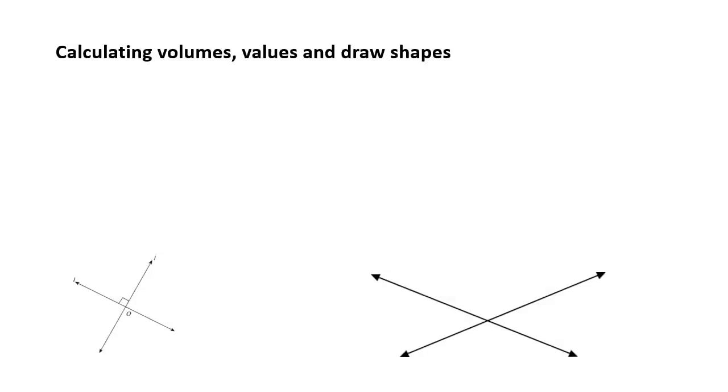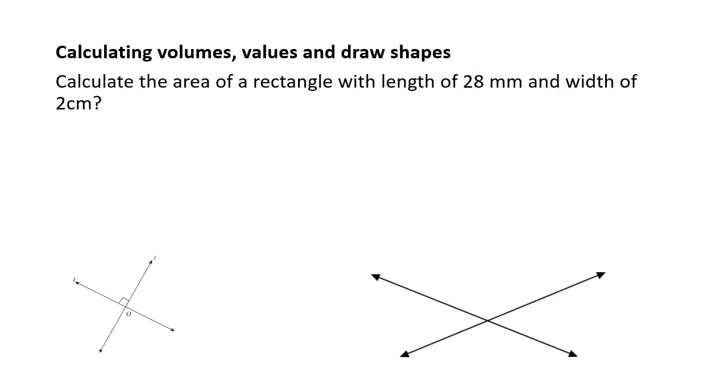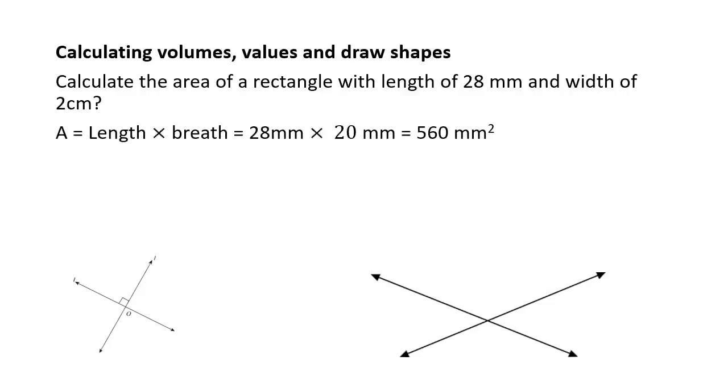Now, we have the issue of calculating volumes and shapes and so on. Let's say calculate the area of a rectangle with a length of 28 millimeters and a width of 2 centimeters. Now, you need to first know what is the formula for calculating the area of a rectangle. The area of a rectangle, you calculate it by length times breadth.